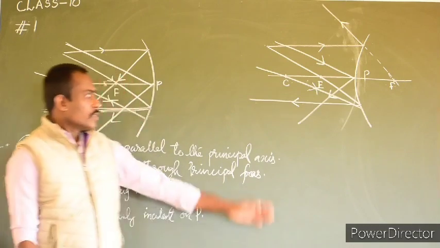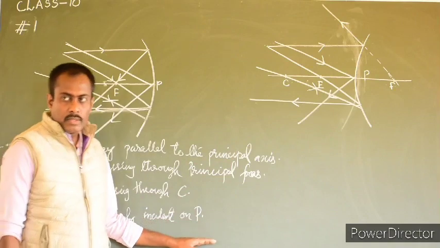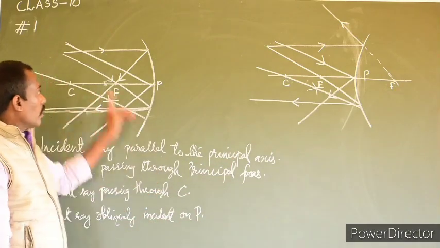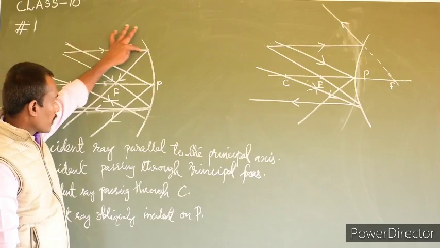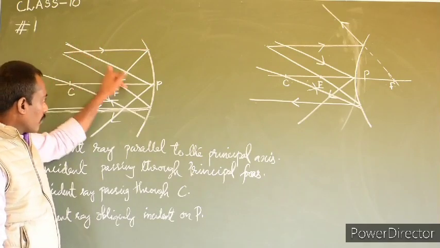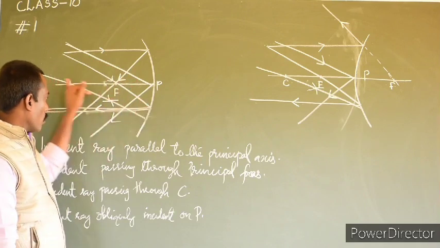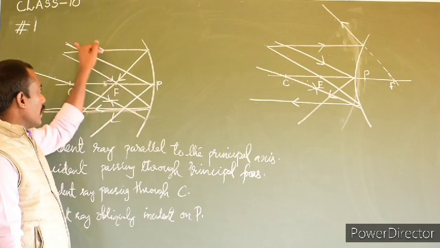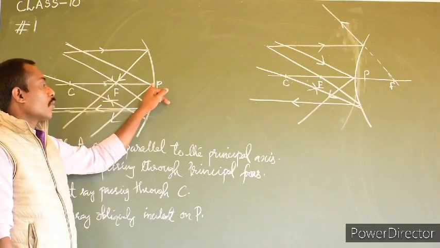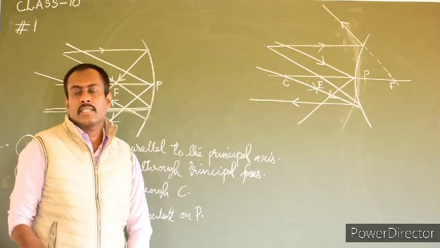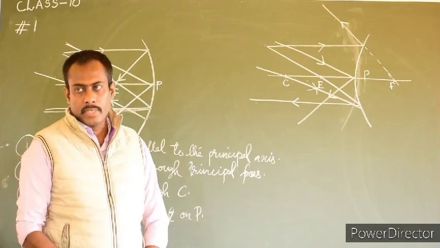Now, by using these, among these four, any two, either a ray which is parallel to the principal axis and a ray which is passing through the principal focus, or a ray which is passing through the center of curvature, or any ray of light which is obliquely incident on the point P, we can track the image formed by a spherical mirror.